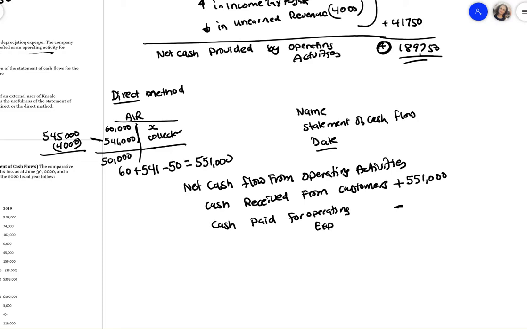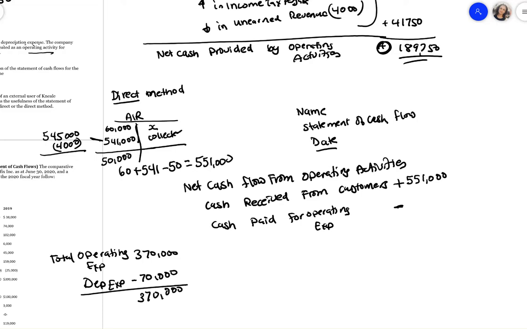When you're starting with the operating expenses, your total operating expenses was 370,000. They told us in the question there's a depreciation expense included in there, which is a non-cash item. We needed to take that out. So the cash operating expenses were 300,000.